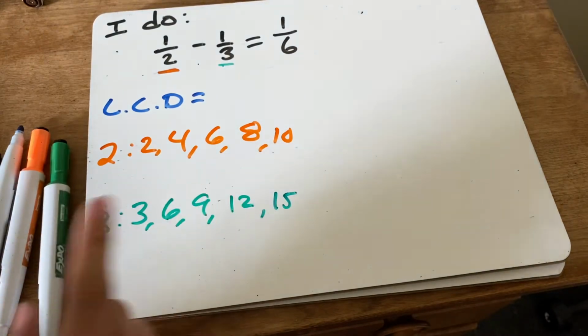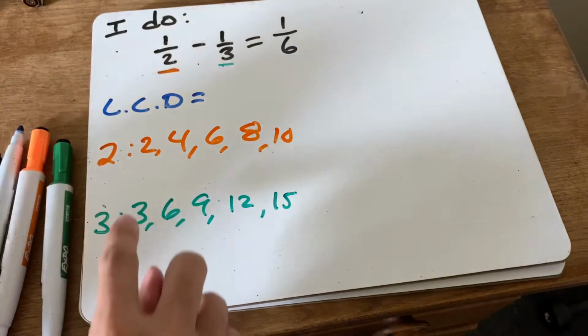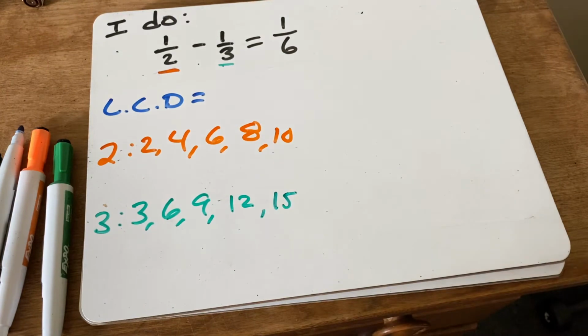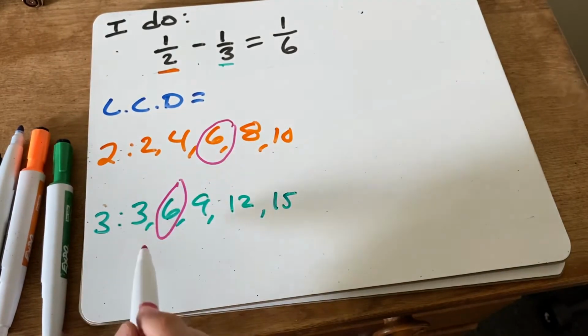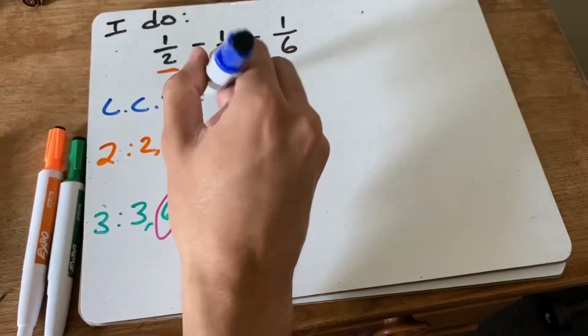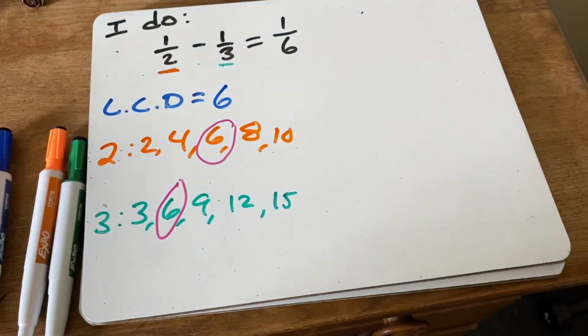Now notice, what number do the 2 and the 3 both share? What number do they both have in common? Yes, exactly, the 6, right? 6 right here, 6 right here. So that means that 6, the number 6, is our least common denominator.